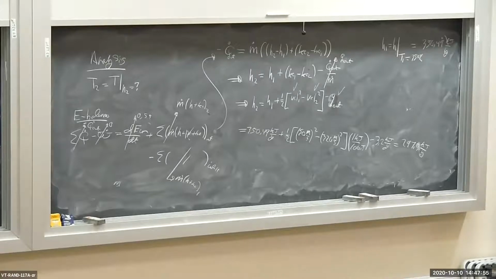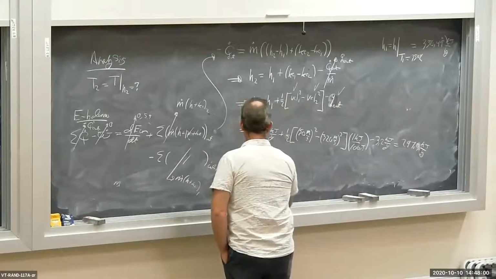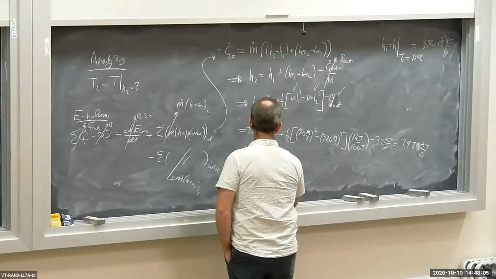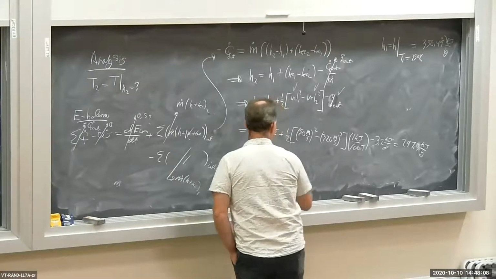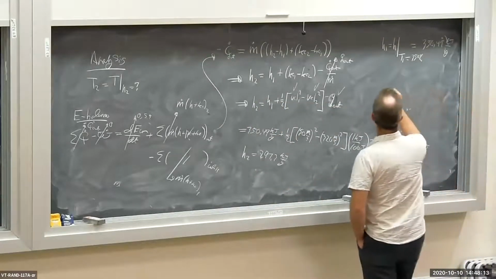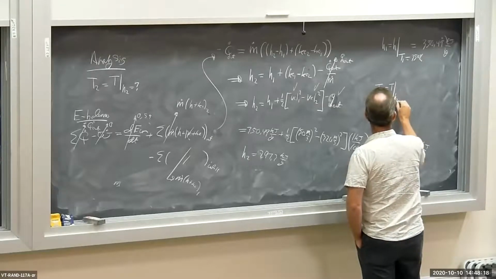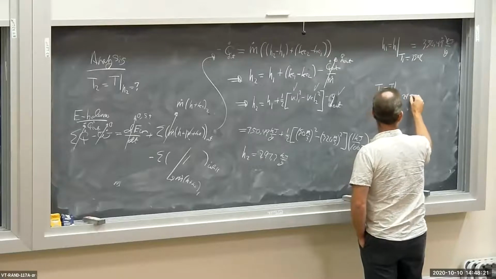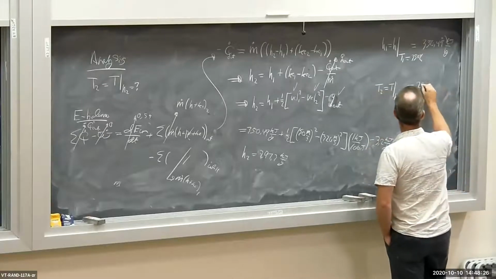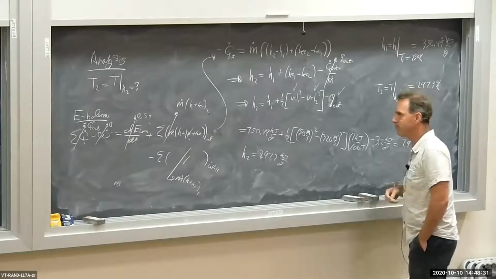Okay, so the outlet enthalpy, h2, is 297.3 kilojoule per kilogram. That means the outlet temperature is about 297 degrees. So T2 is equal to T evaluated at h2, which is 297.3. And if you go to a table, that's about 297.3 degrees Kelvin, okay?